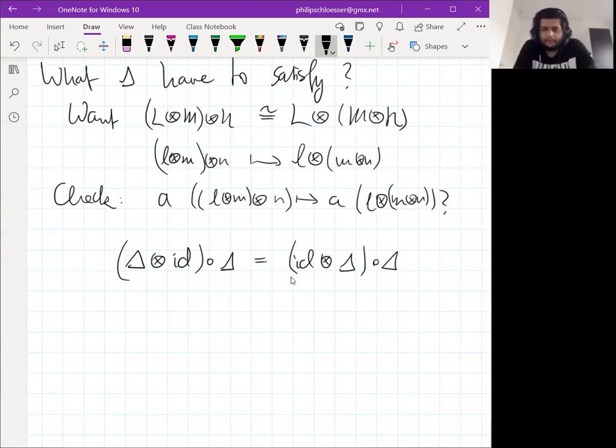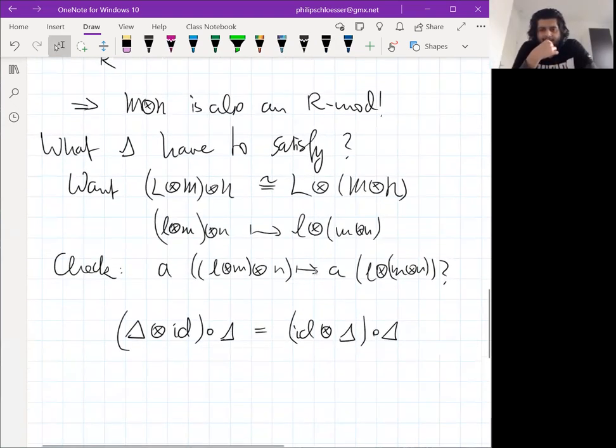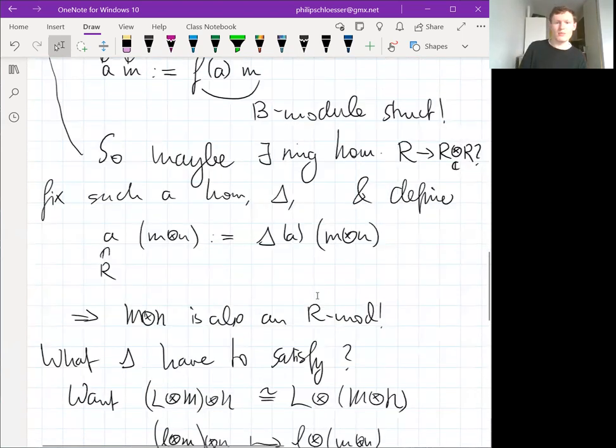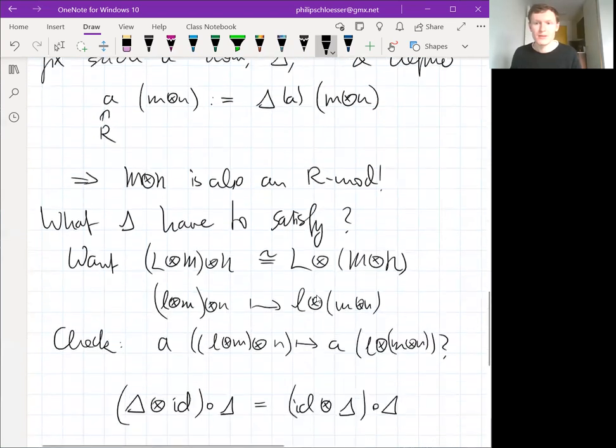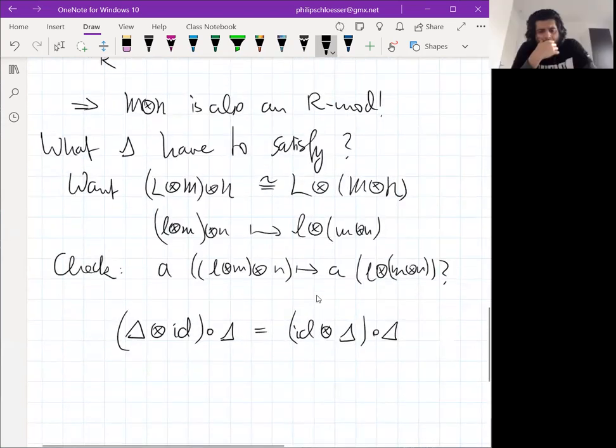I am still very confused as to what delta exactly is. Delta is some ring homomorphism that we fixed. It's mapping from R to R tensor R. Yeah, so why are there three of them then? It should just be one, right?